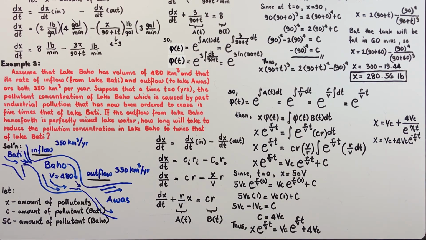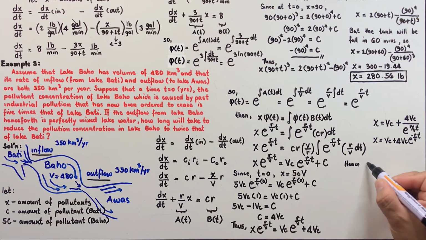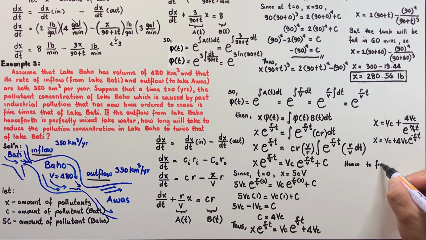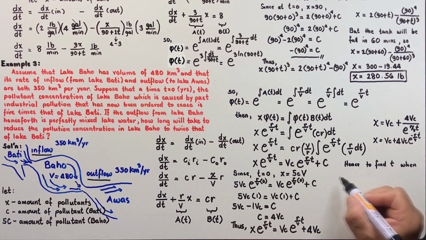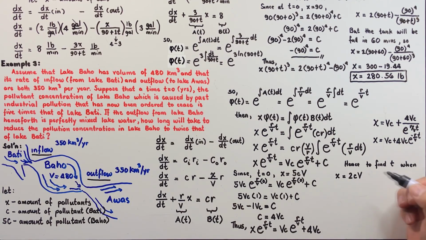Hence, to find the time when the amount of pollutants in Lake Baho will be twice as the amount of pollutants in Lake Bati, we write here that to find t when the amount of pollutants in Lake Baho will be x, which is equal to twice of the pollutants in Lake Bati.